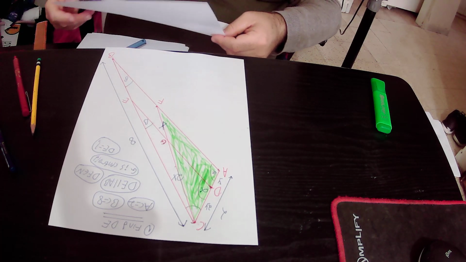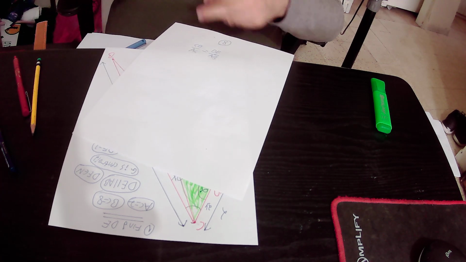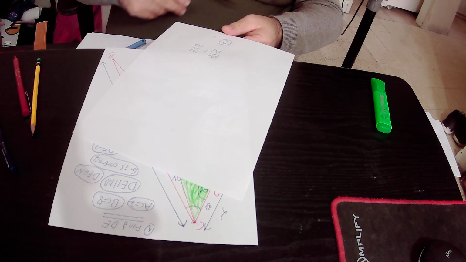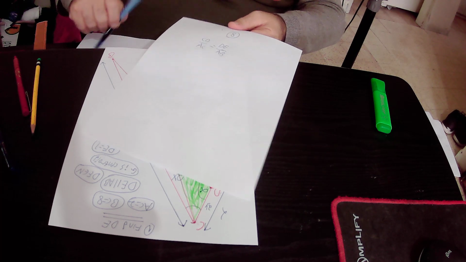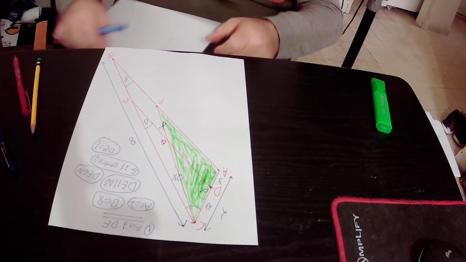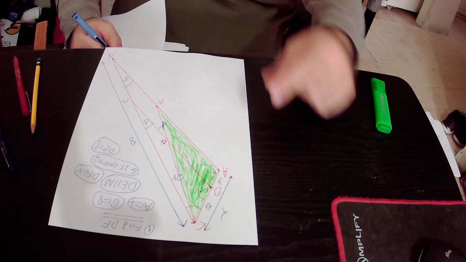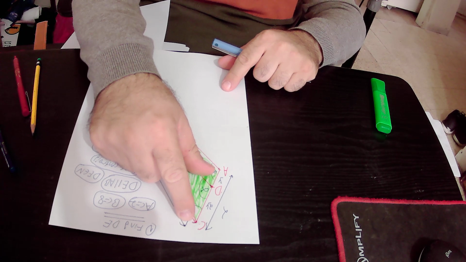So this equality is true because triangle ABC is similar to triangle CDE. Okay, and what is the value of CD? The value of CD is actually 2y.